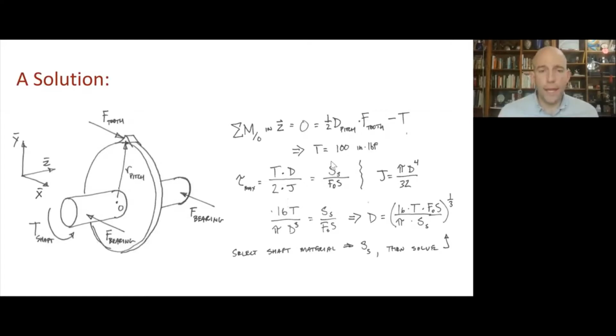And we want that to be equal to the maximum allowable shear stress divided by the factor of safety. For a circular cross-section, we know that the polar moment of inertia is pi d to the 4th divided by 32. If we plug this in and chug through and solve for the diameter, we're going to find that the diameter is the cube root of 16 times the torque times factor of safety divided by pi times the allowable shear stress.